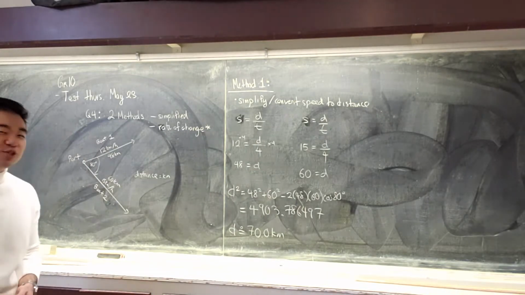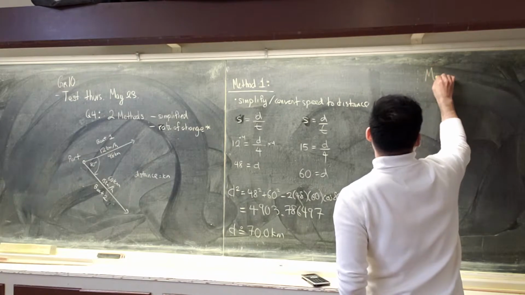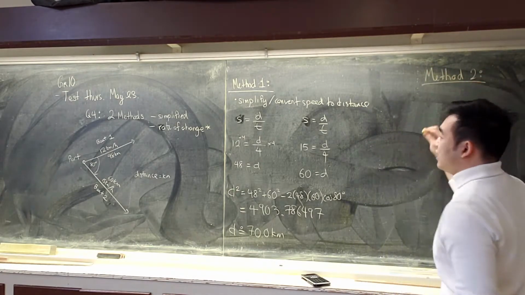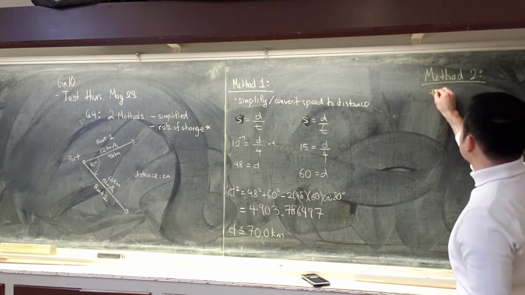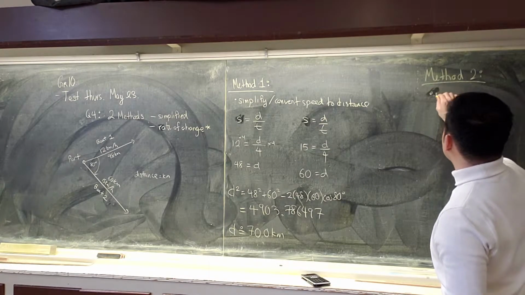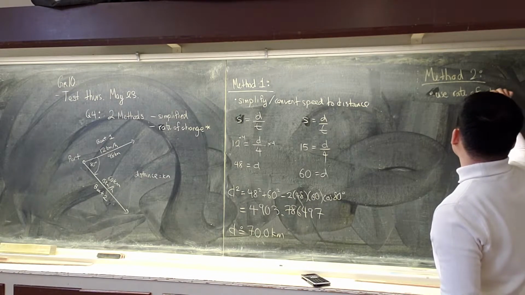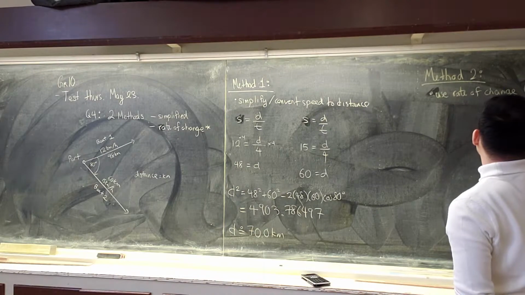Method two gets you to think a little bit more creatively. Method two asks you to entertain the thought of how quickly the distance is changing. In other words, calculate the speed. Use rate of change, in this case, speed.